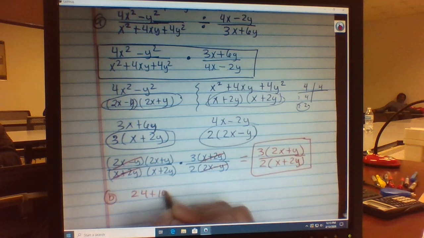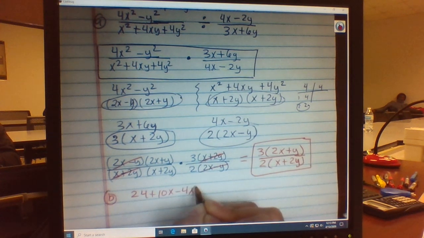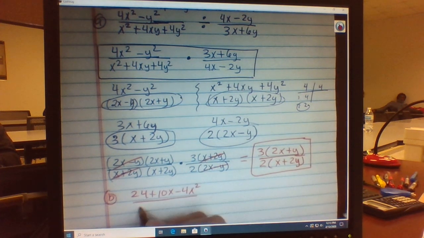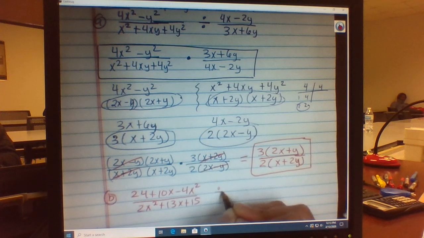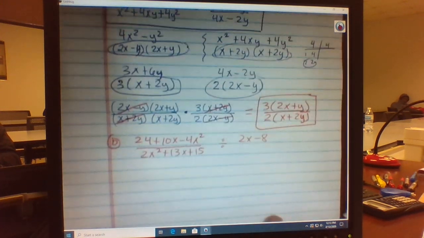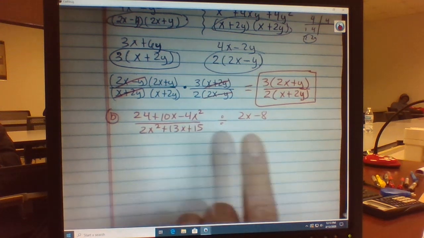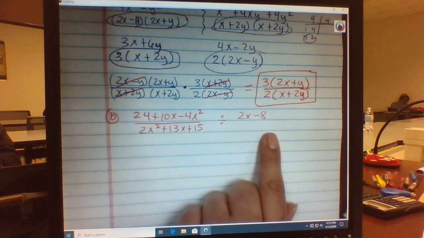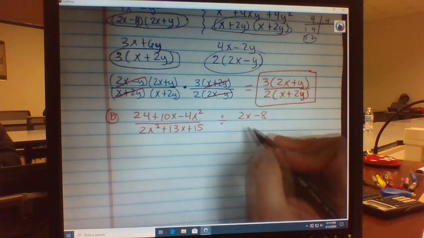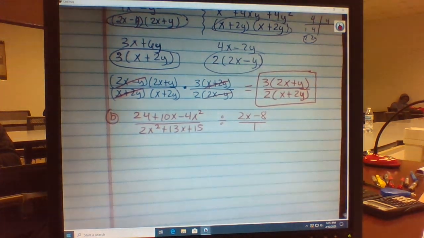24 plus 10x minus 4x squared over 2x squared plus 13x plus 15 divided by 2x minus 8. So they only give you one fraction. This is not a fraction, but can we make it a fraction? By putting it over 1. So I don't want you to be like, where does that belong, on top or the bottom?